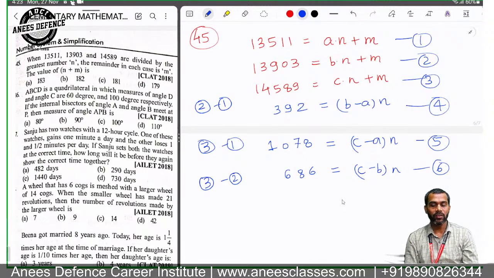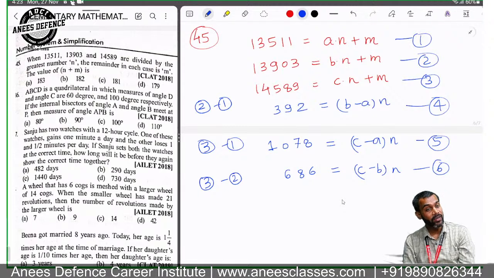Similarly, 107 minus 16 is what? 91, which is multiple of 7. And what is 68 minus 12? 52, which is multiple of 7. So 7 is common factor.